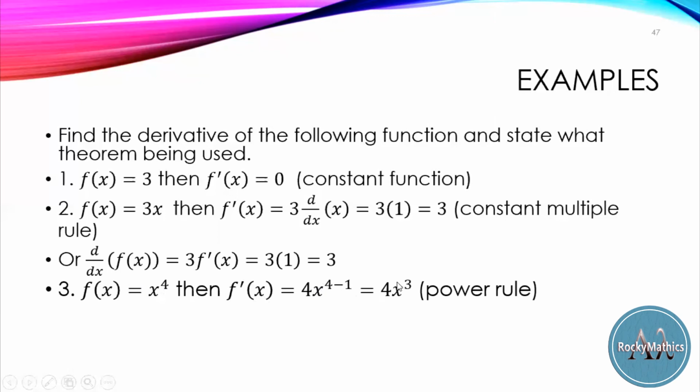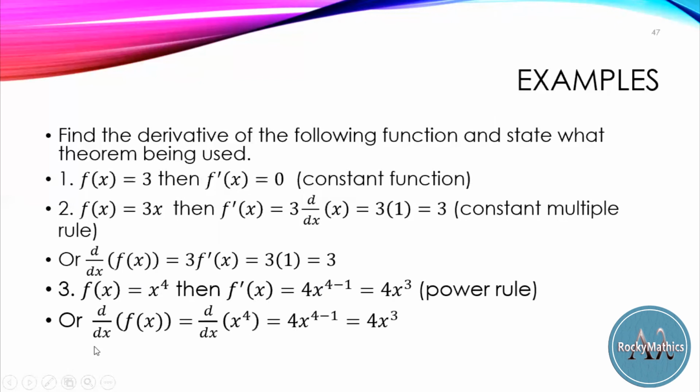So this is equal to 4 times x cubed by applying the power rule. Or in other notation, the derivative of x raised to 4 with respect to x is equal to 4 times x raised to 4 minus 1, which is equal to 4x cubed. Still the same answer.